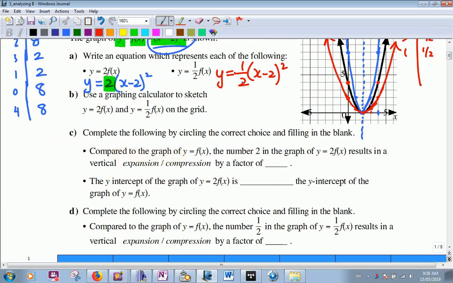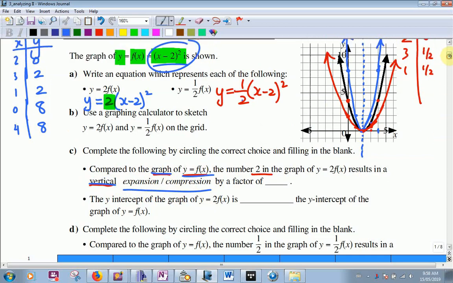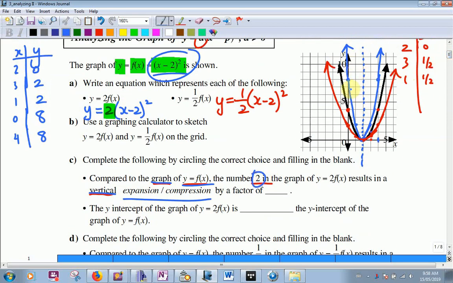Compared to the graph of y equals f of x, which was x minus 2, what did the 2 do? It's a vertical... Which one looks like it makes sense here? And actually, I'm talking about the blue one, so let's make it all blue. When it was a 2, it made it thinner.